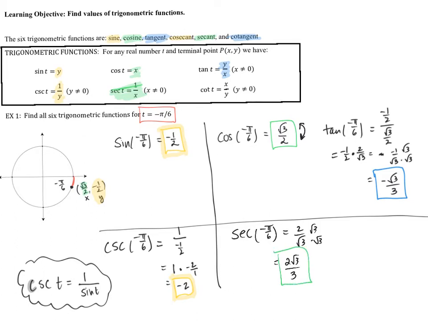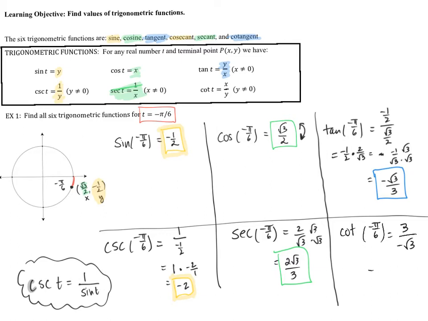And then the one that's always a little bit harder is cotangent. So our cotangent at negative pi over 6 needs to be the reciprocal of what we just found for tangent, so 3 over negative root 3.